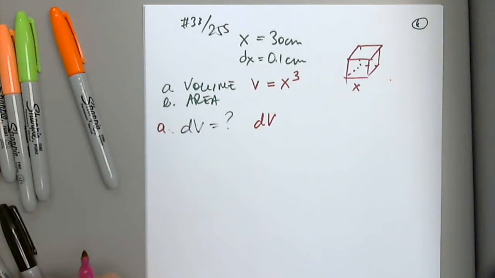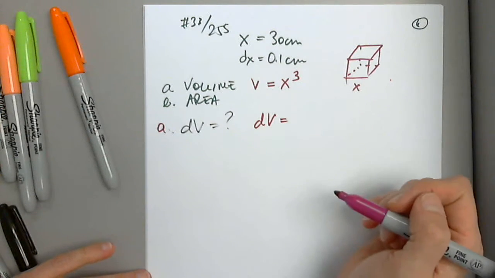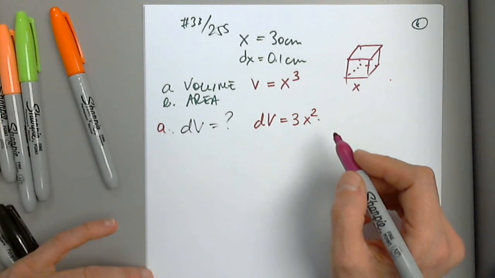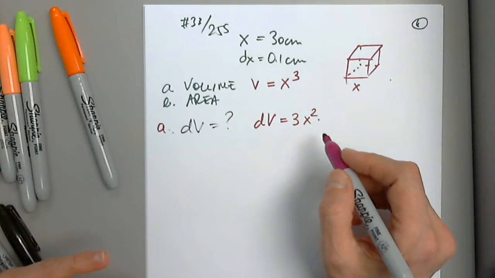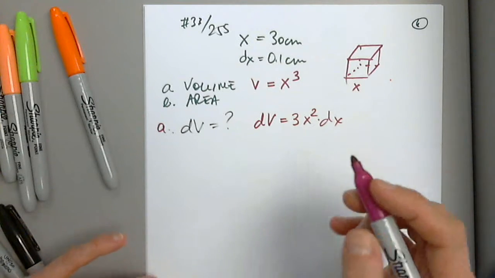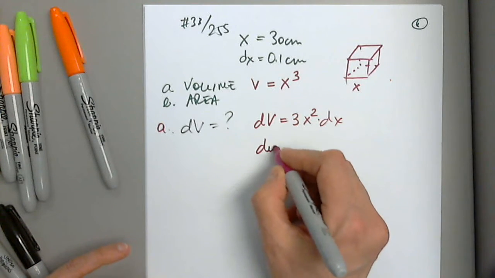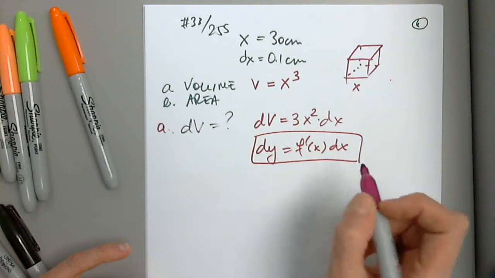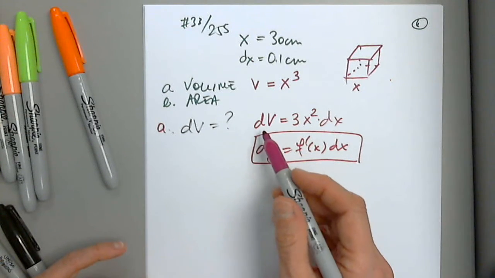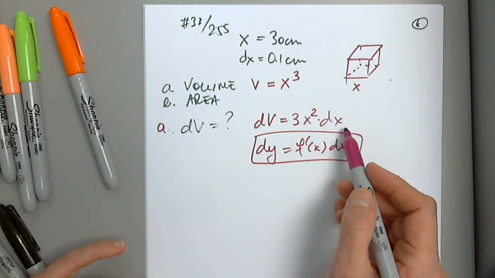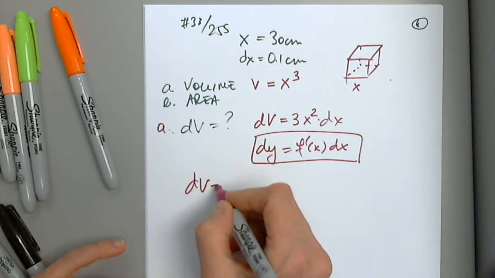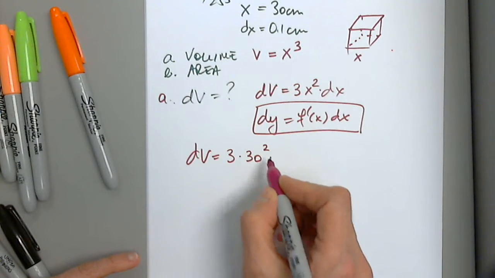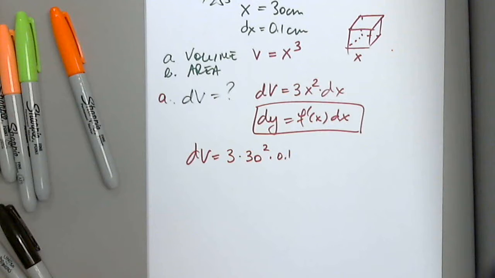How much is dV? 3x squared times dx. Remember one more time, dy equals f prime of x dx. The volume depends on x. I differentiate: 3x squared dx. So all I have to do is punch it in. It's 3 multiplied by 30 squared multiplied by 0.1.